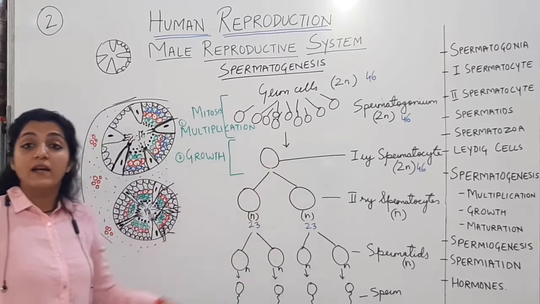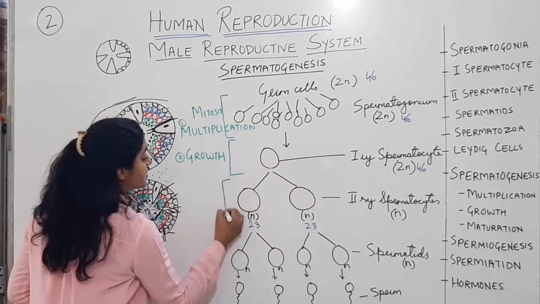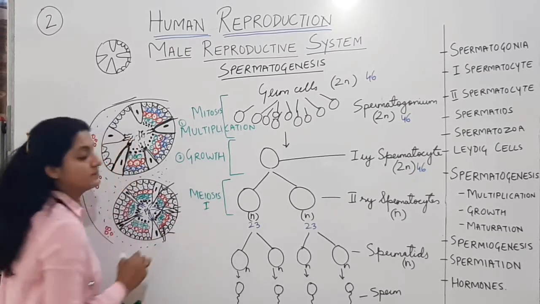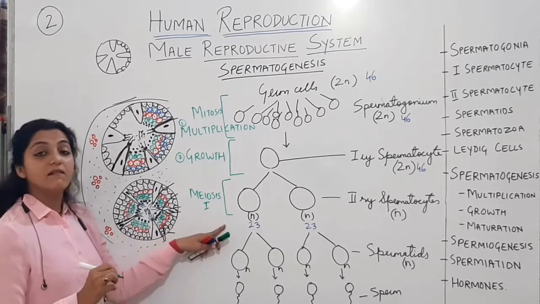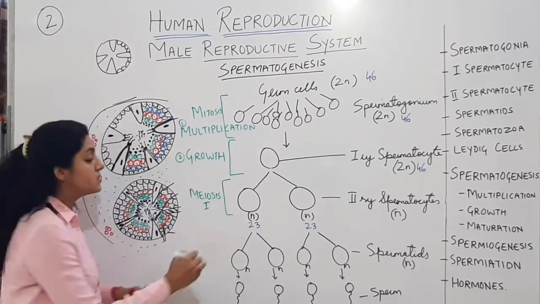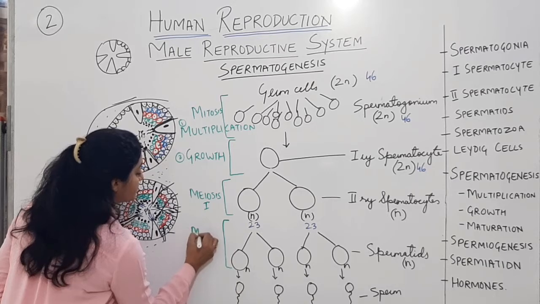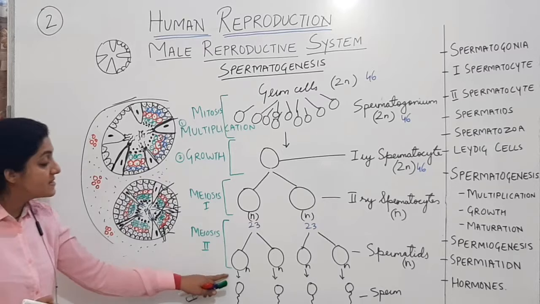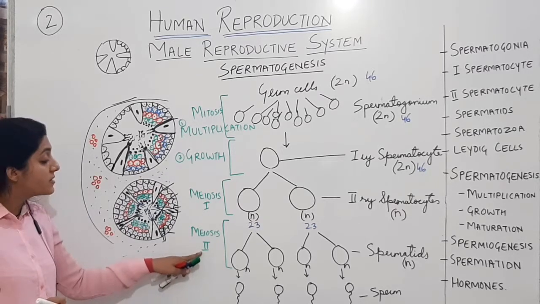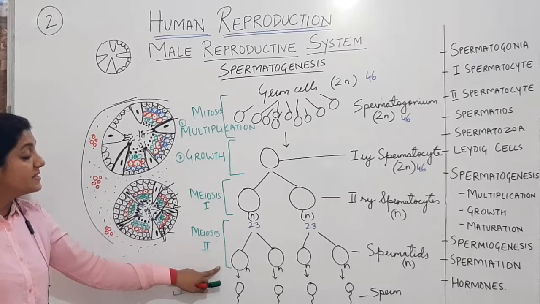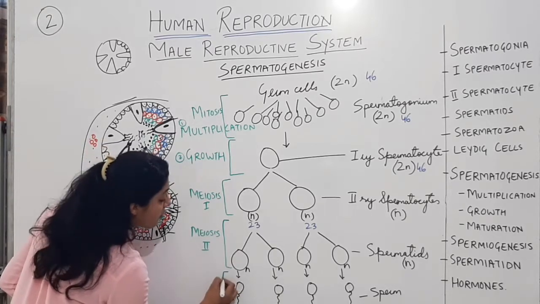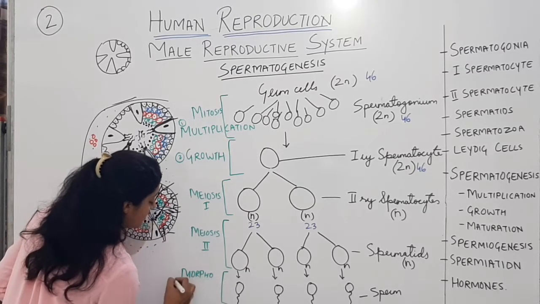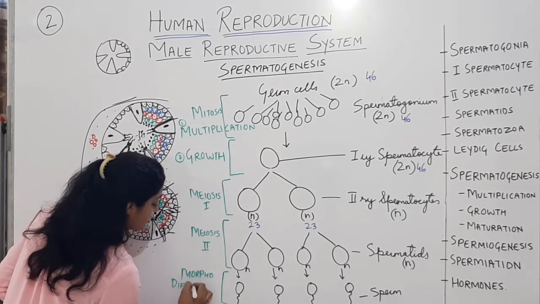This primary spermatocyte has now undergone meiosis. So meiosis 1. These secondary spermatocytes have again undergone meiosis. So meiosis 2. And these spermatids which are produced after the second meiotic division, they undergo morphodifferentiation. उनकी morphology change हो जाएगी.